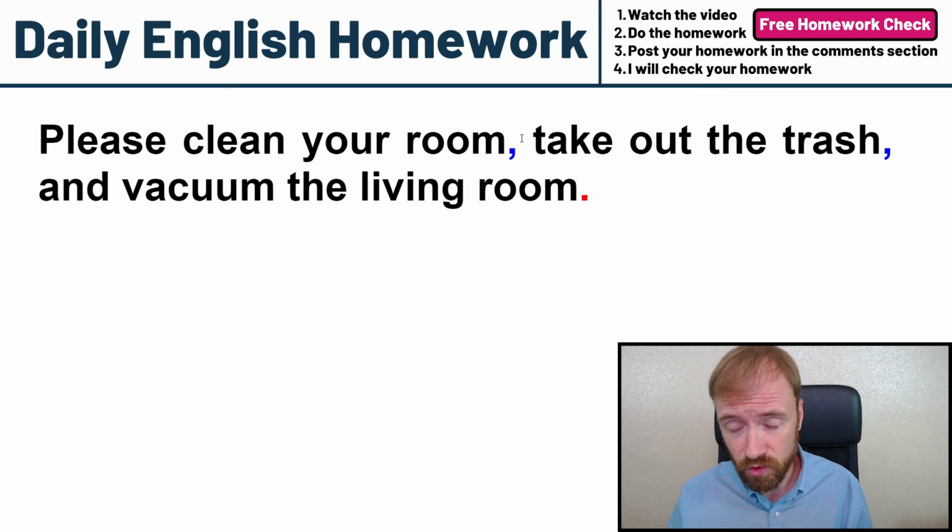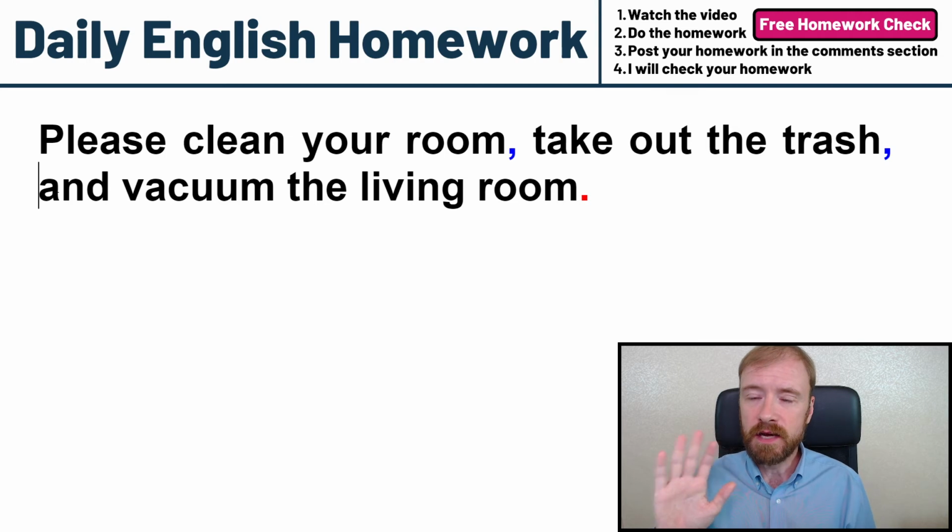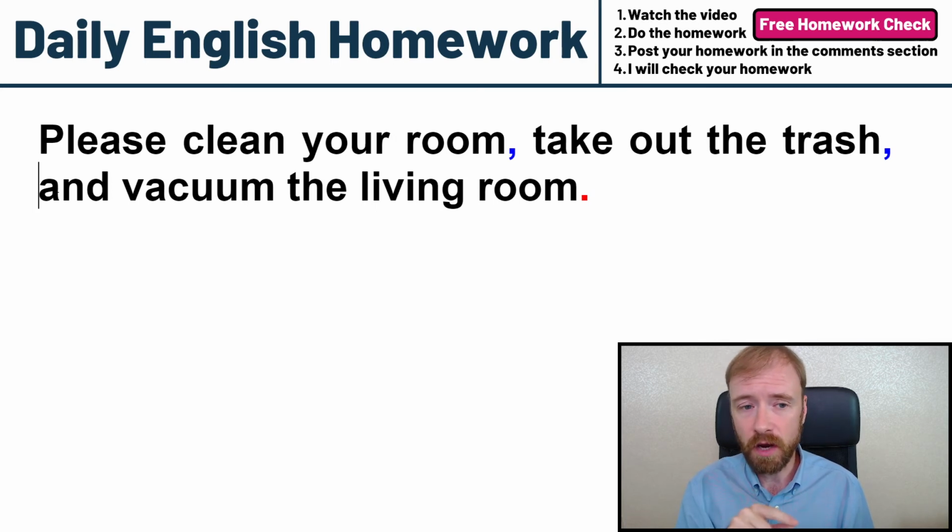Please clean your room, comma, take out the trash, comma, and vacuum the living room. We need the commas. Now, notice I have a comma here before and. Some teachers don't care, but I do care. I think it is better writing if you always put the comma before and.